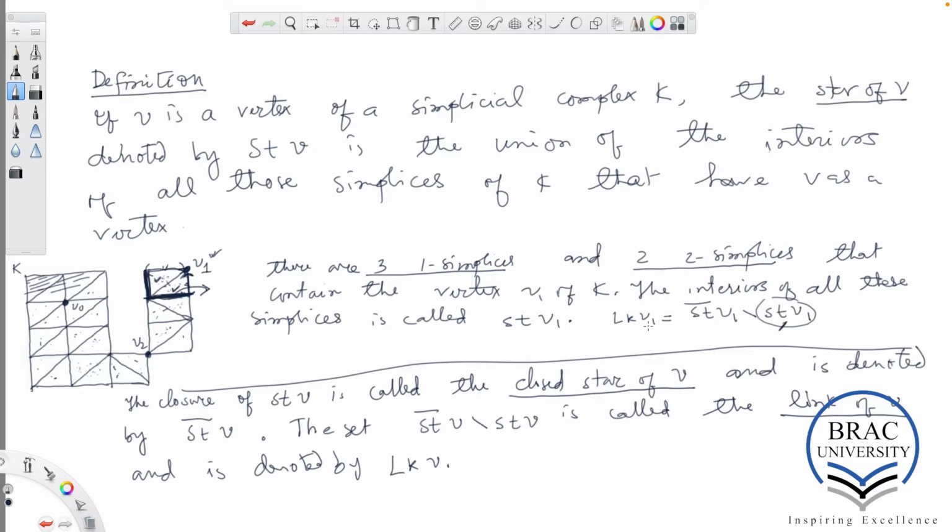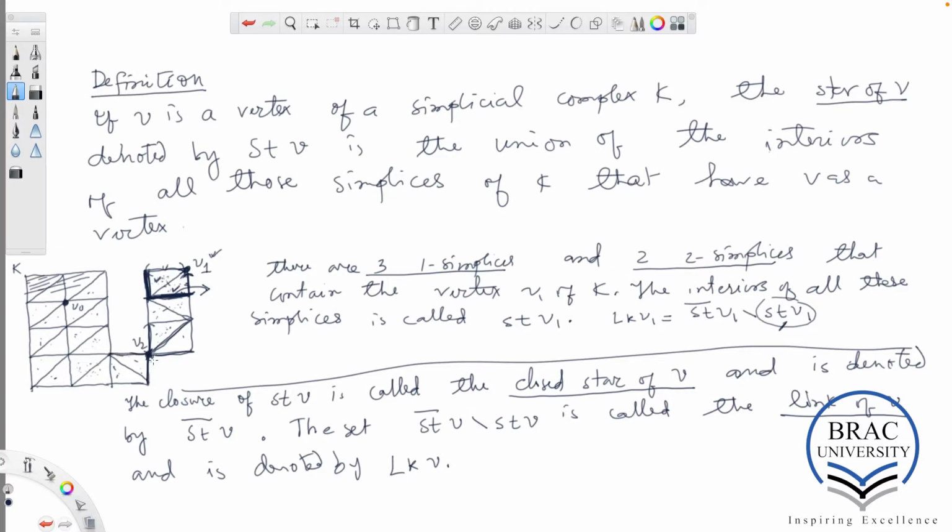Similarly, if you consider this vertex V2, then V2 is contained in this edge, also this edge, this edge, this edge, and this edge.